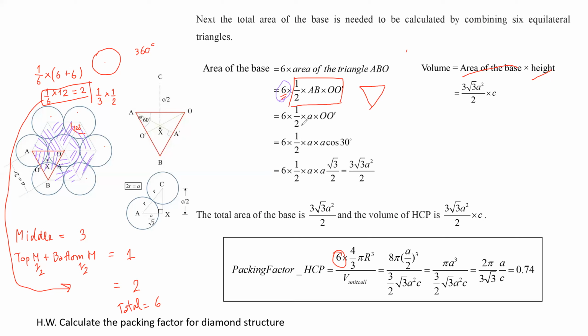Okay. And then plug all this in, right? The volume of the hexagonal is the area, right, of the base multiplied by height, and height is just C. Okay. And try again by yourself this one, and maybe like do it one more time. I will have this for you as the homework in addition to the calculation for packing factor for diamond structure.